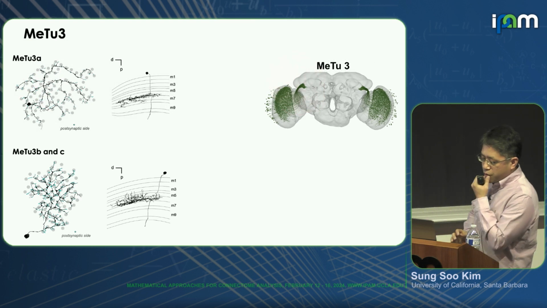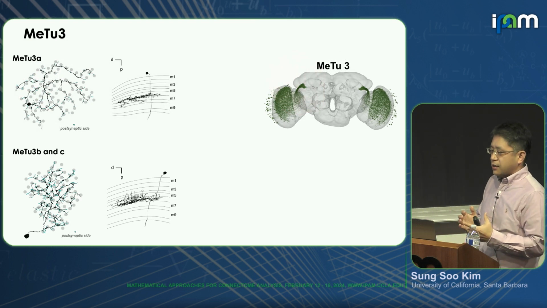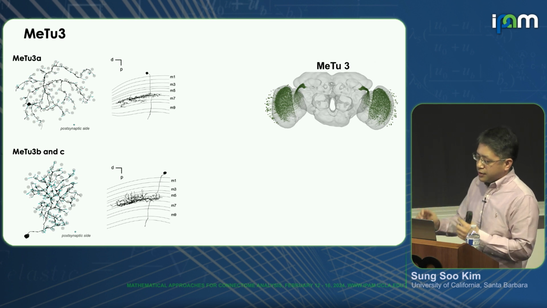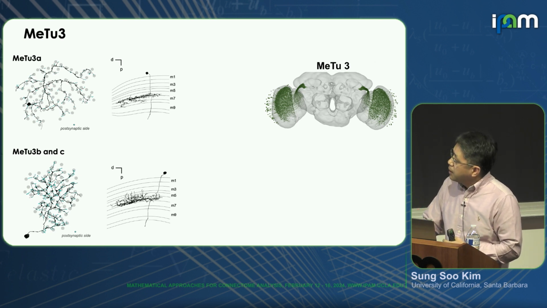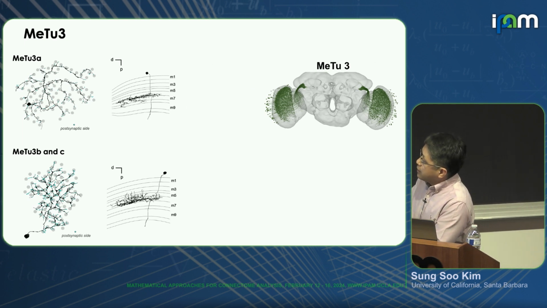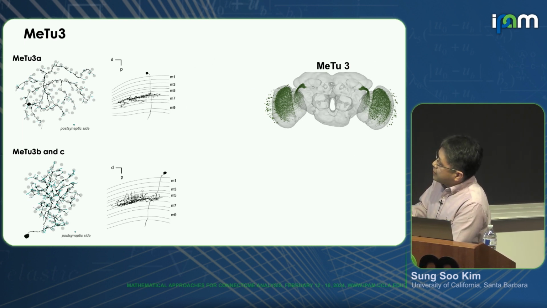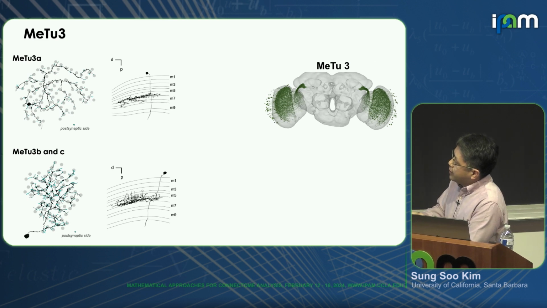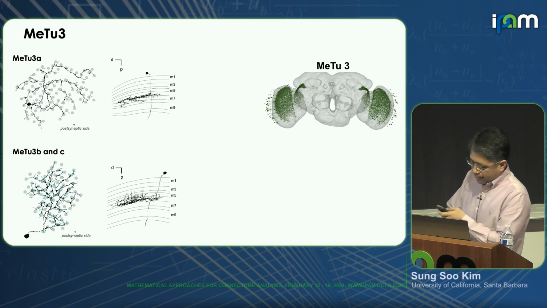So what about MIT2-3 neurons? It turned out that there are 3 subtypes of MIT2-3 neurons, and the details are not very important. But we know that this subtype has a very flat dendritic arbor, whereas some other types have some kind of protruding dendritic arbor to other layers of the medulla.